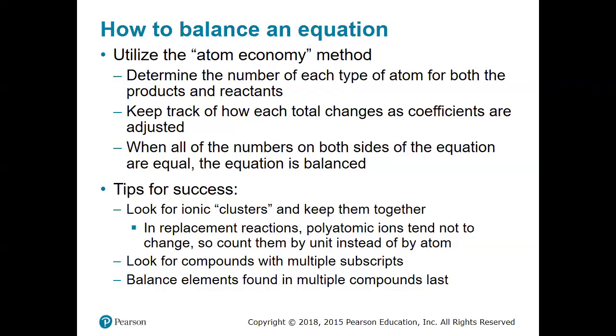So if I look on both sides of the equation, I see the nitrate is on both sides. Instead of marking nitrogens and oxygens, I should mark nitrates because it'll be a lot easier to keep that all together. The second tip, and this is a really common one: if there are compounds that have multiple subscripts, chances are pretty good those subscripts are going to drive the equation balancing on the other side of the reaction.